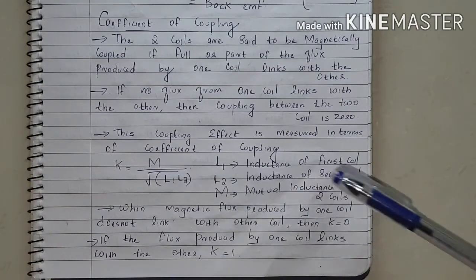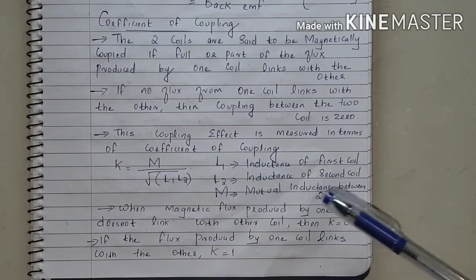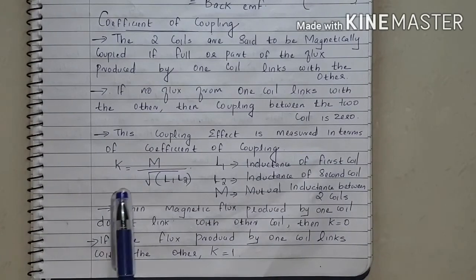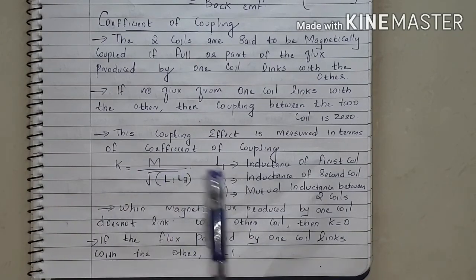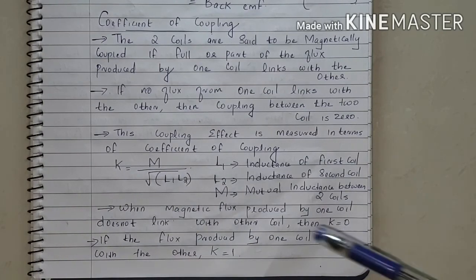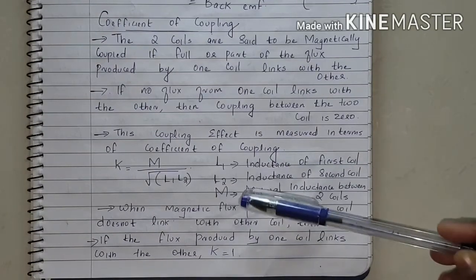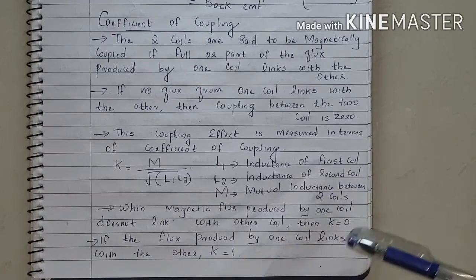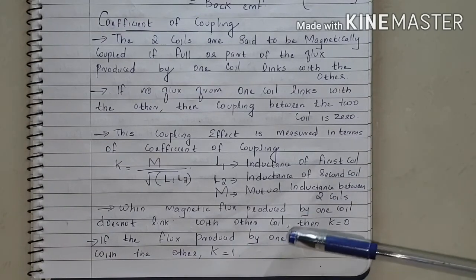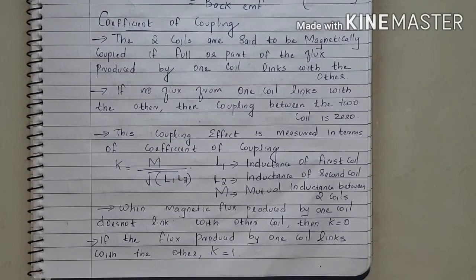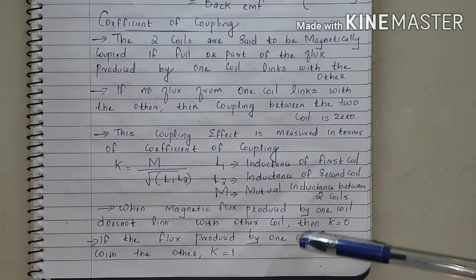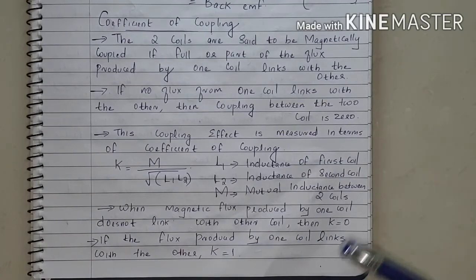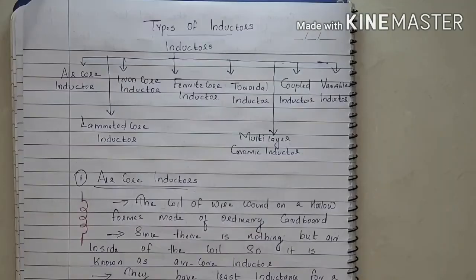This coupling effect is measured in terms of the coefficient of coupling, which is given by K equal to M by root of L1 into L2, where L1 is the inductance of the first coil, L2 is the inductance of the second coil, and M is the mutual inductance between the two coils. When magnetic flux produced by one coil does not link with the other coil, K becomes 0. If the flux produced by one coil links with the other, K becomes 1.